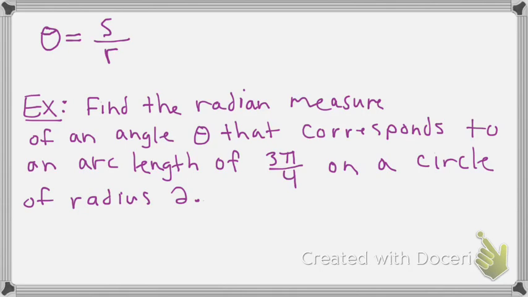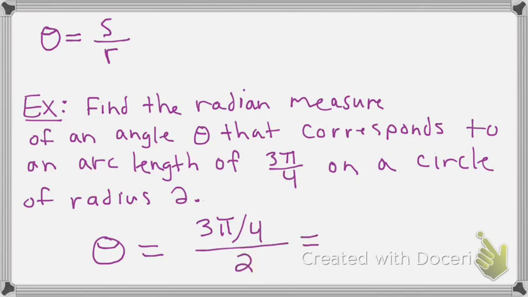Now since the signed arc length here is positive, it's 3 pi over 4, that means that our angle as well is going to correspond to a positive angle. Now if I want to find the radian measure of the corresponding angle, it's going to be the signed arc length 3 pi over 4 divided by 2.